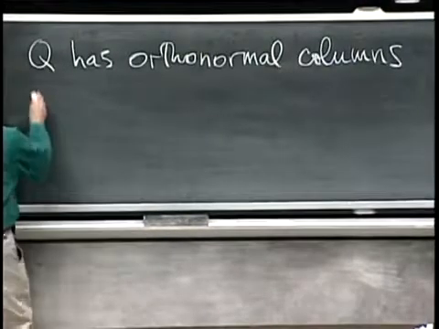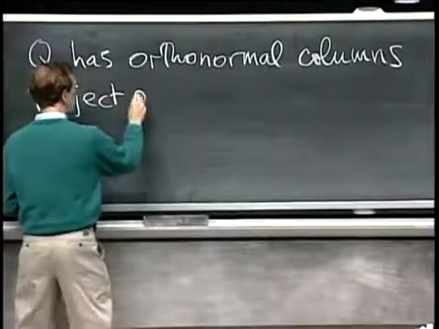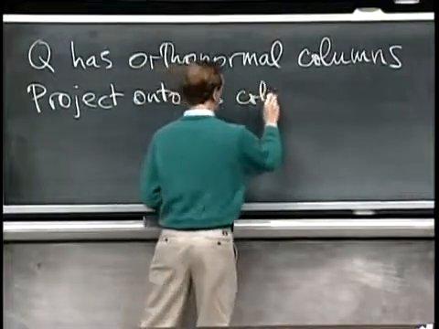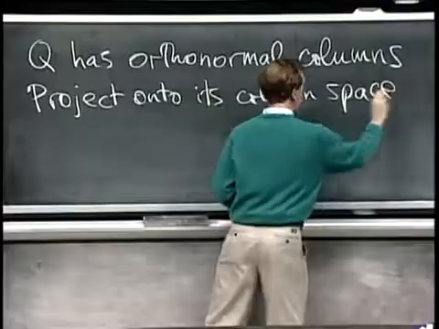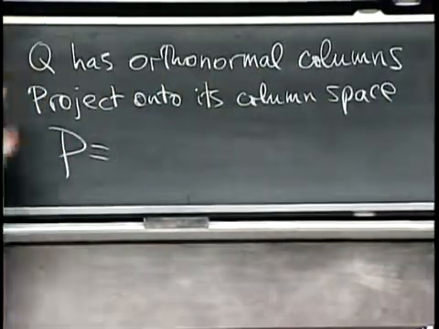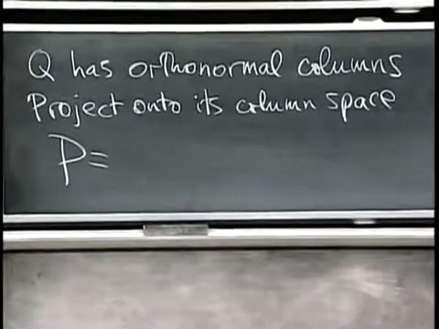So suppose I want to project onto its column space. So what's the projection matrix if I project onto a column space?